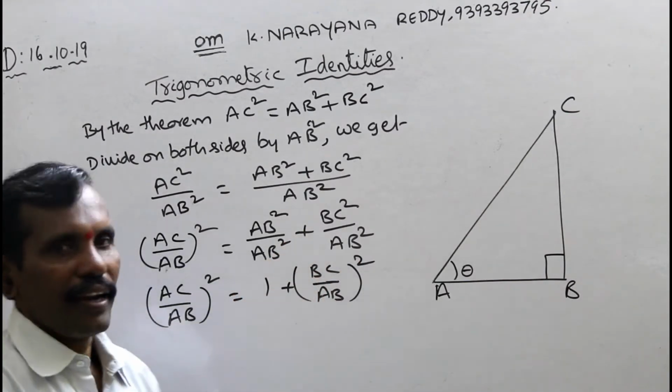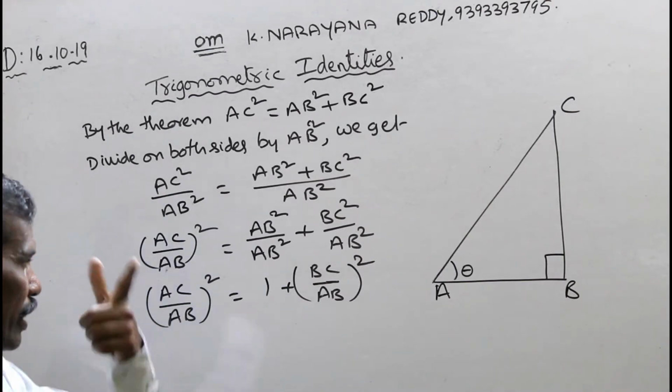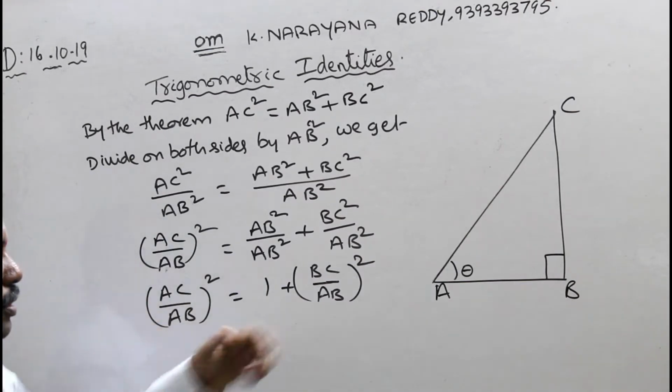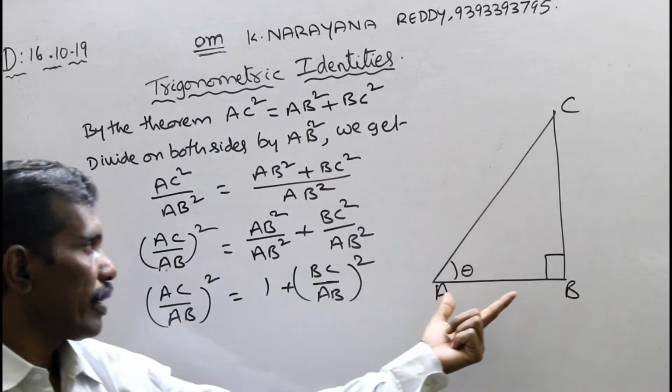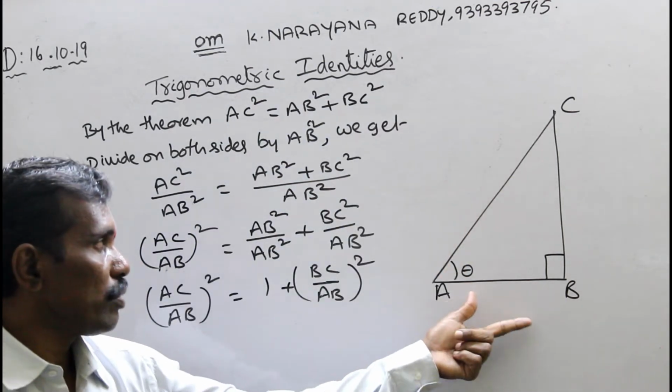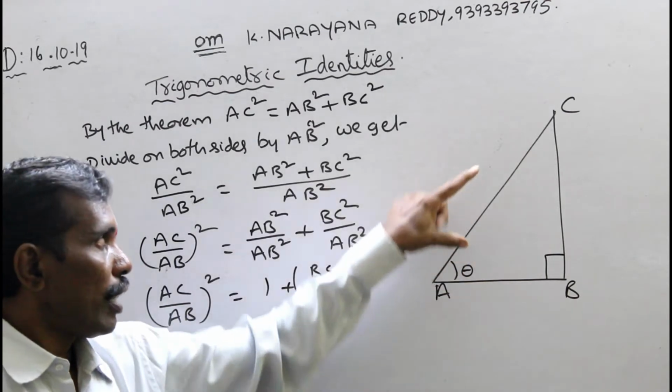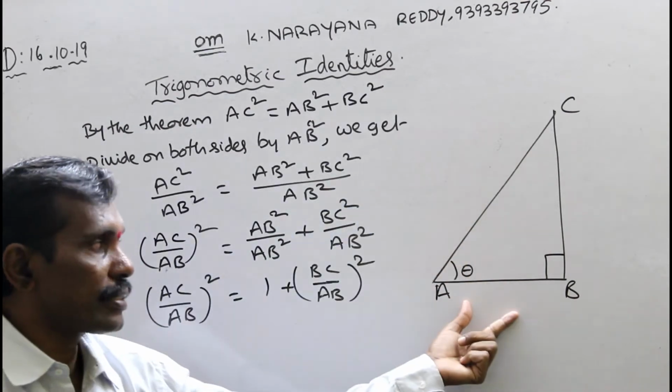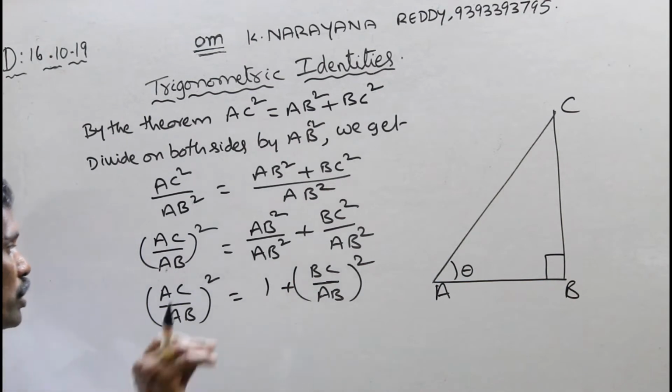Okay. Now, simple trick is AC by AB what? Diagonal by AB. AB is what? Adjacent side. Diagonal by adjacent side means secant theta.